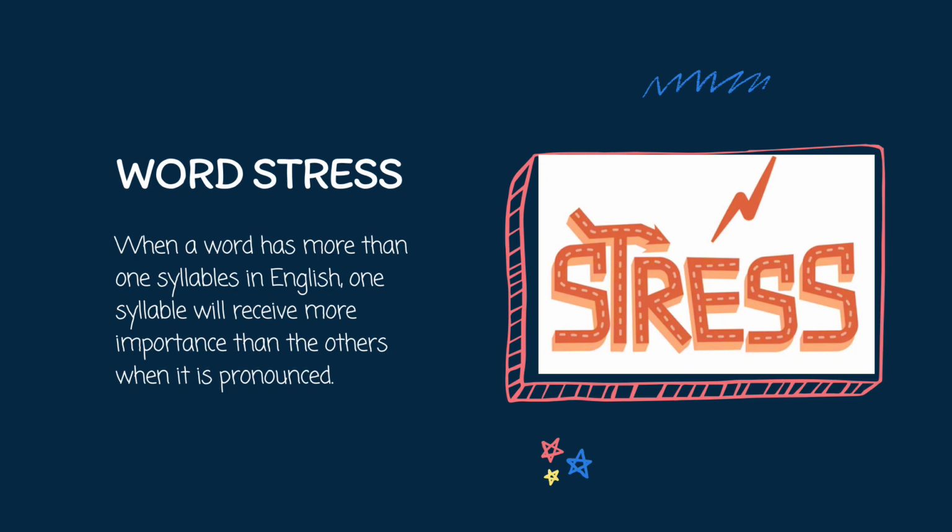This leads us to word stress, which means when a word has more than one syllable in English, one syllable will receive more importance than the others when it is pronounced, such as the word record and record. The meaning is changing and so is the part of speech, one being a noun and the other a verb.